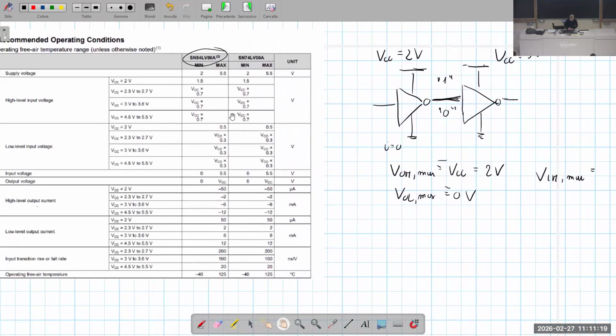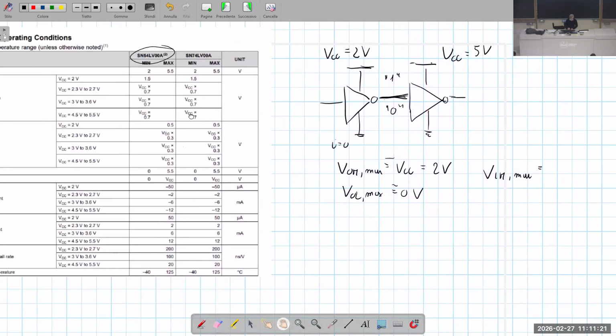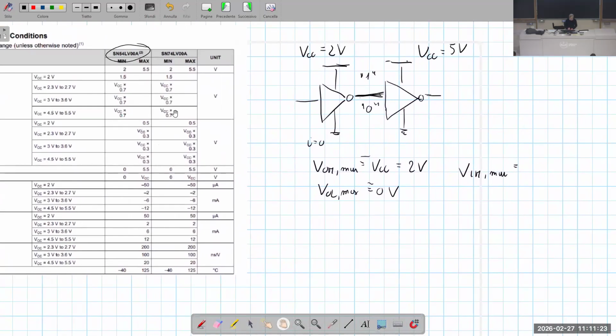We have to look at this row, it is 0.7 VCC, that is 3.5 volt. VIH minimum is 3.5 volt.